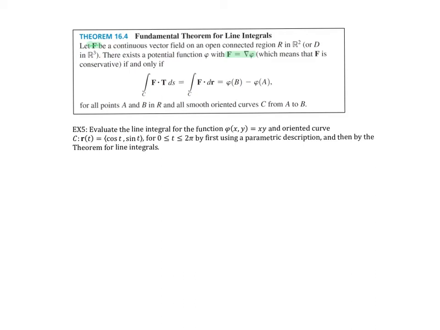If f is conservative, then our line integral, here are the 2 forms of our line integral, can be computed by using the fundamental theorem of calculus applied to line integrals. So we can take this potential function that we found, and we can just look at phi of b minus phi of a, which is the fundamental theorem, but applied to a line integral instead of just the general fundamental theorem of calculus.